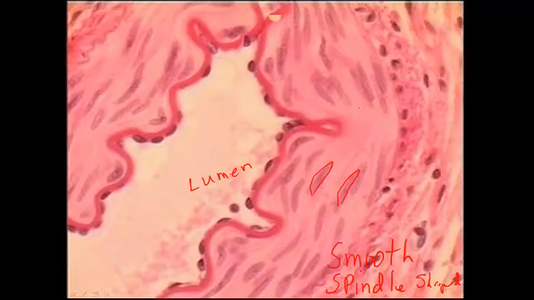If you see tissue here, it's not going to be connective tissue. This is going to be smooth muscle. So kind of easy to identify. I'm going to use this slide in particular, and these are found in the walls of hollow organs.